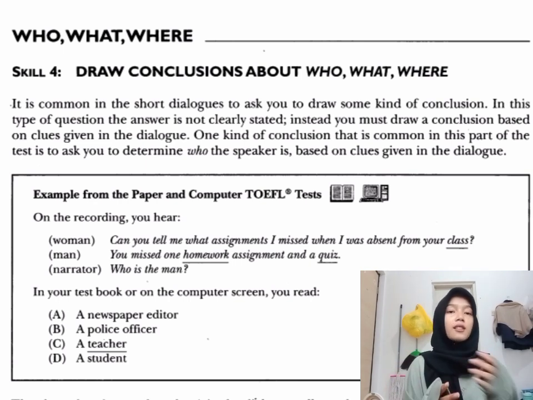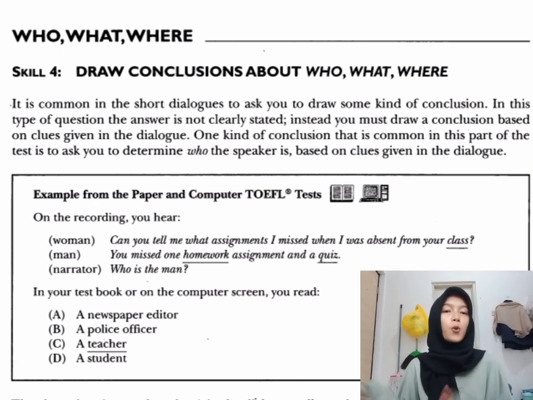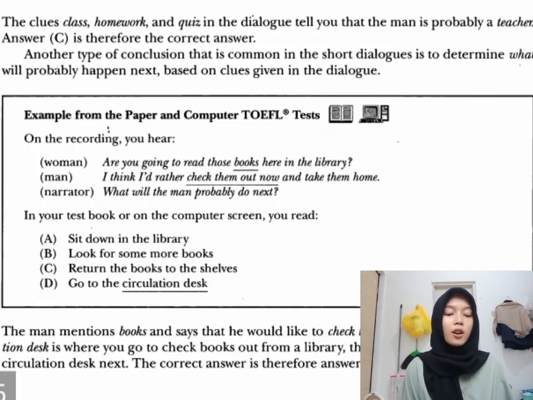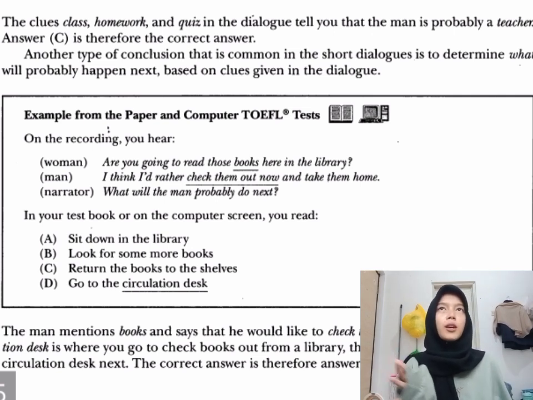The man also tells the woman that she missed the homework and a quiz, so probably the quiz and homework here are from his subject. So the woman missed the assignment from his subject, you guys.